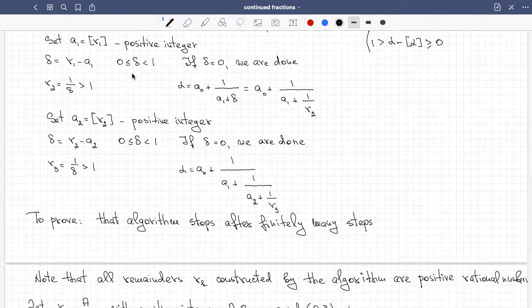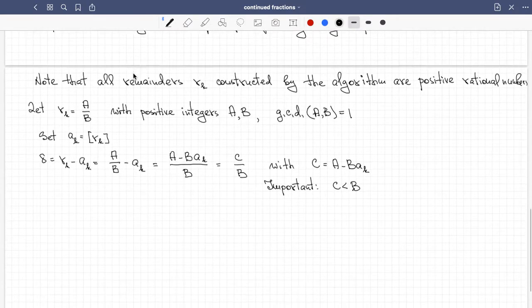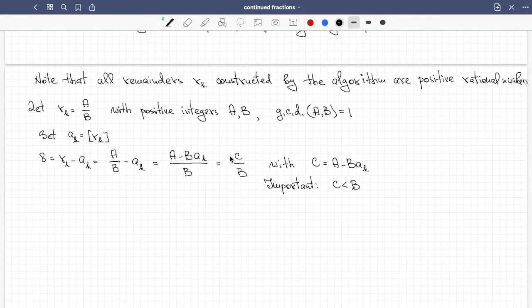Delta smaller than 1 translates to this. c is a positive integer, because b was positive and delta is positive, so c is positive.